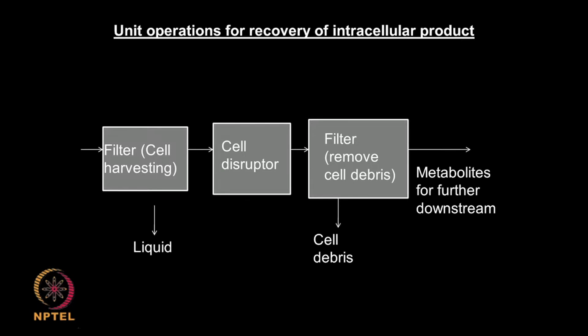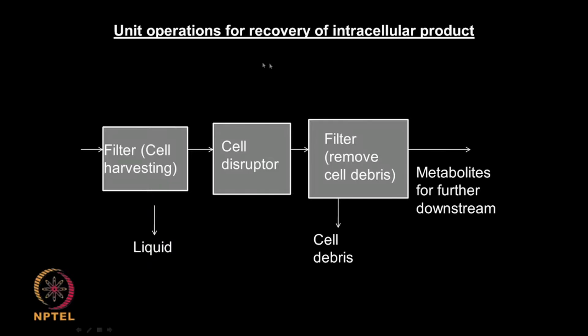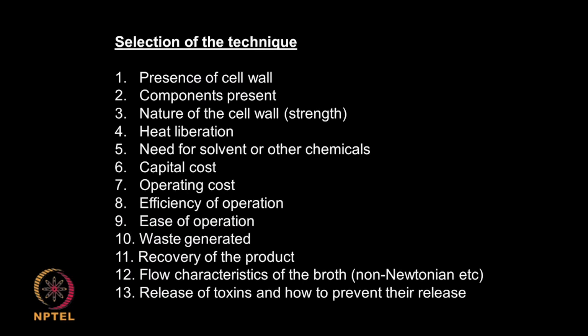You may use a membrane process, or a liquid extraction for concentrating, and then go into chromatography for purifying. These are the extra steps that are followed if the product is an intracellular material, unlike an extracellular material.